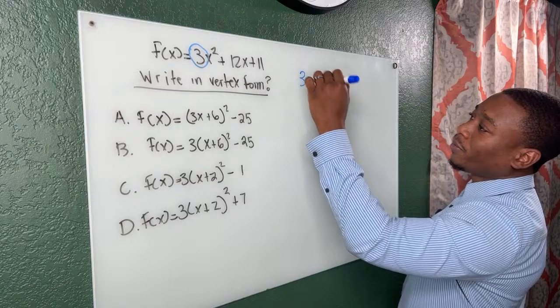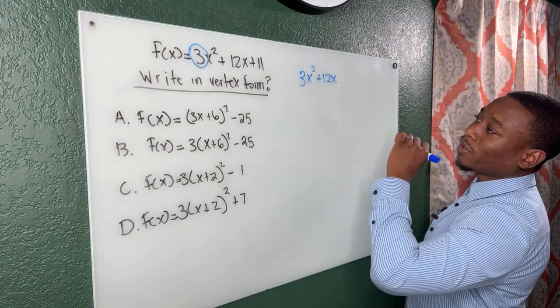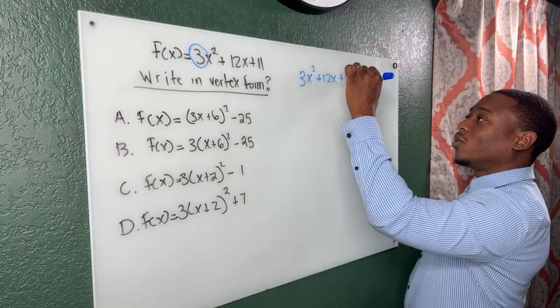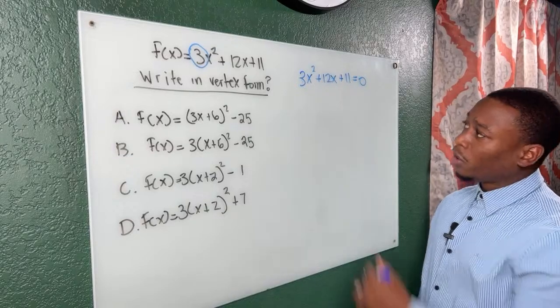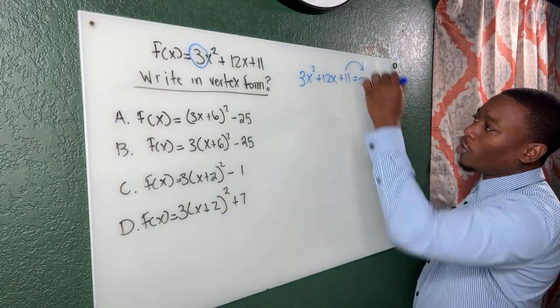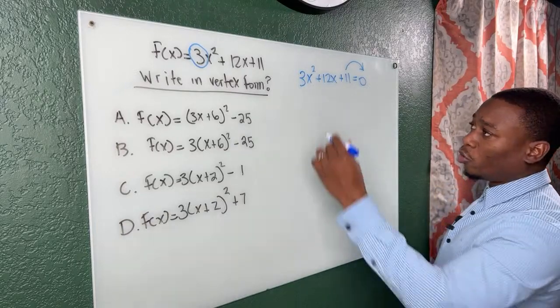So we have 3x squared plus 12x plus 11 is equal to 0. So I always tell students, just set your equation equal to 0. Now we're going to bring 11 over by subtracting so that we could figure out what is this perfect square trinomial.